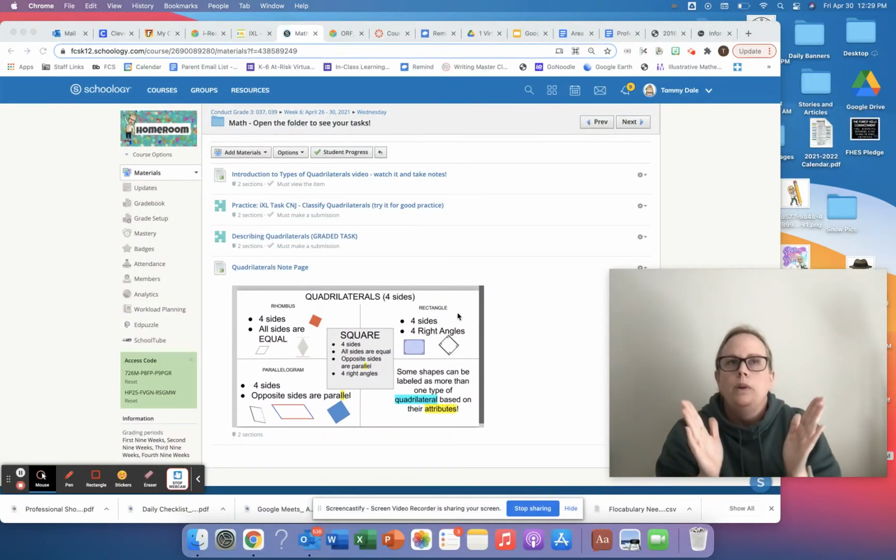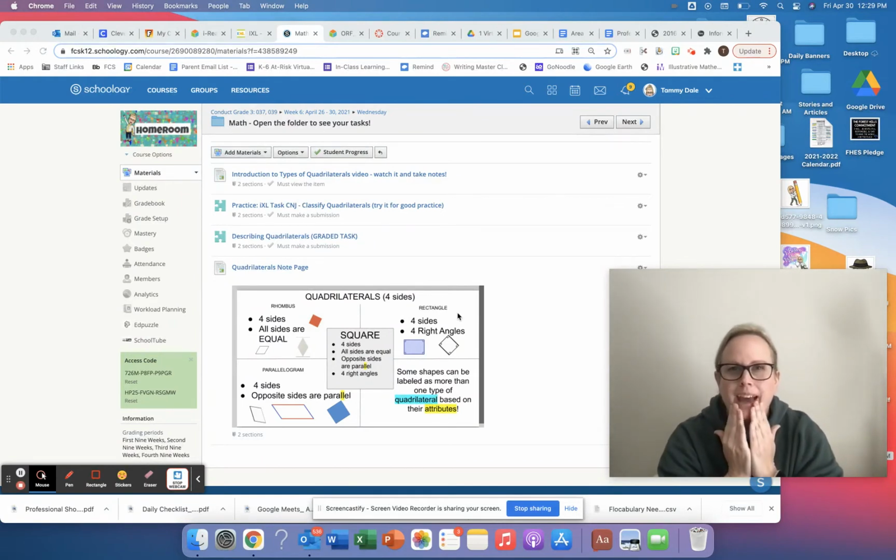We learn about parallel by looking at lines, but when we talk about a shape, when we talk about a parallelogram, we have to be careful of the vocabulary we use. We are looking at the sides and asking ourselves, are the opposite sides parallel? That's the attribute that makes a parallelogram.